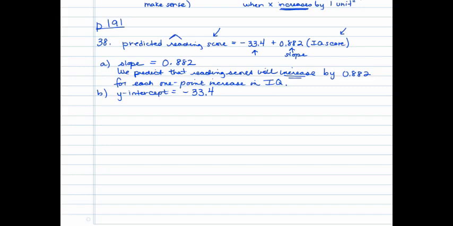Can anyone have an IQ score of 0? So that's kind of why the y-intercept doesn't really mean anything. It doesn't make sense for this.